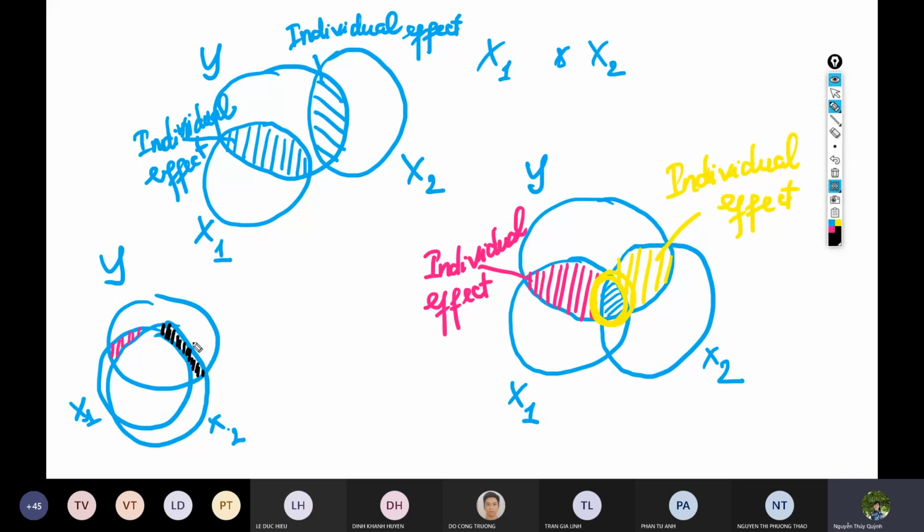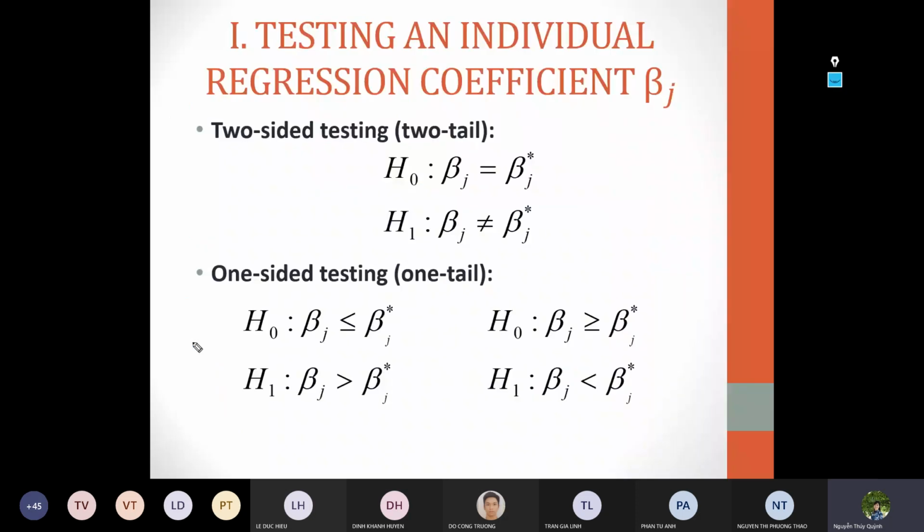All right, let's move to testing an individual regression coefficient. We have some tests. The hypothesis is about one individual regression coefficient, beta j.